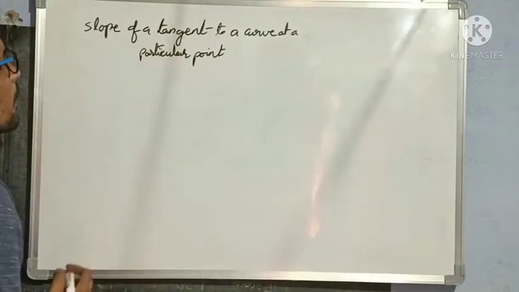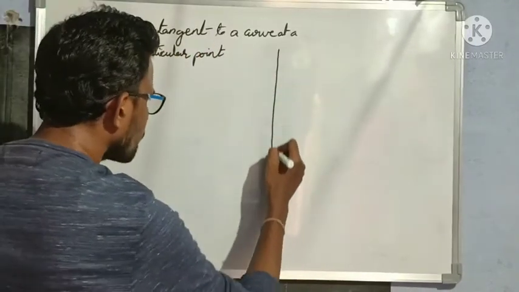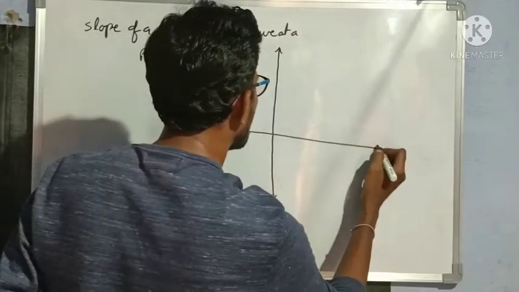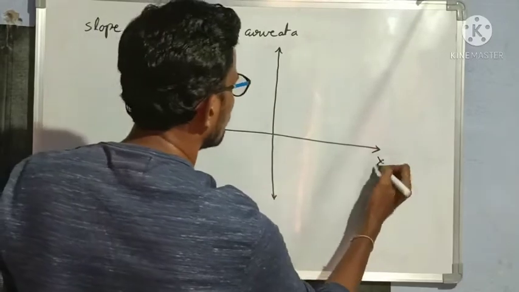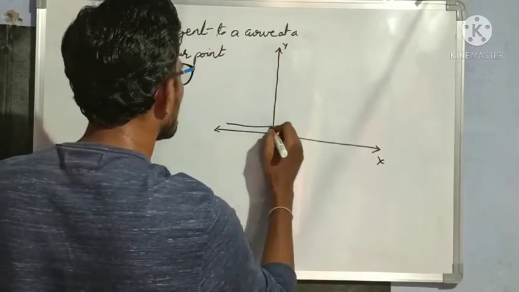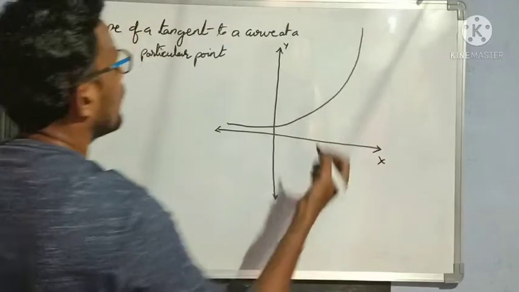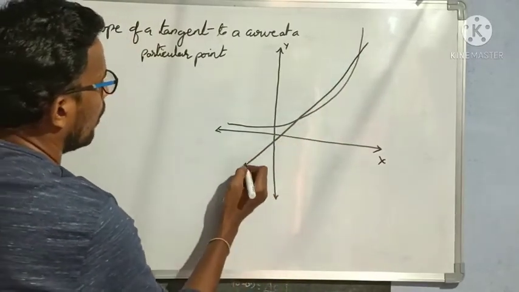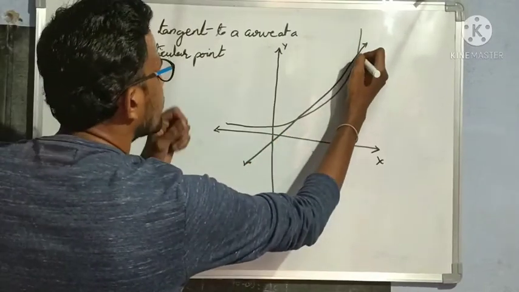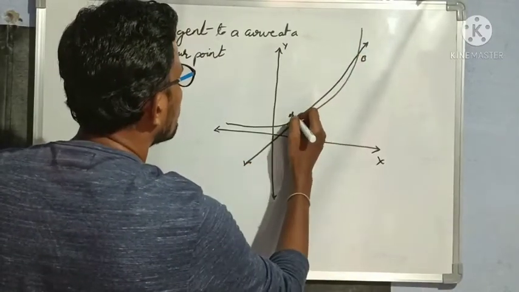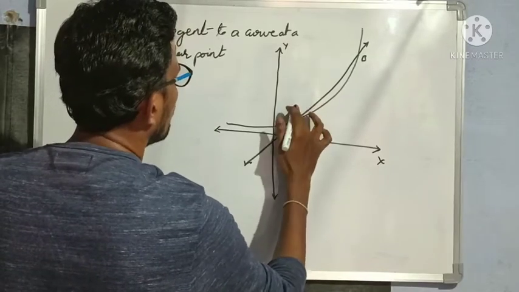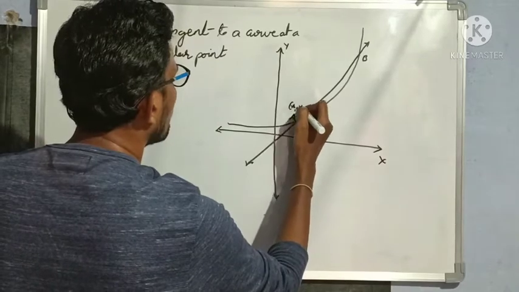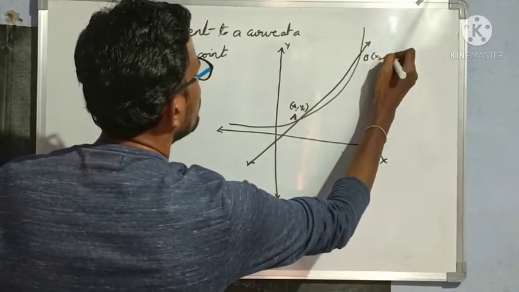Again let us take a curve. Now the same I am drawing, a secant first, such that the secant is intersecting at points A and B, and we know that the coordinates of points A and B are x1, y1 and x2, y2.